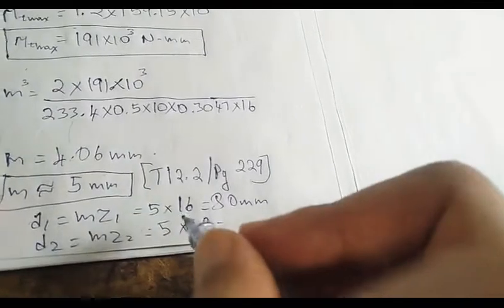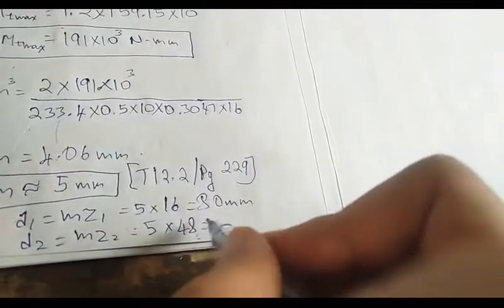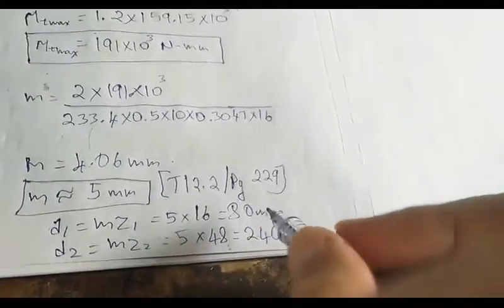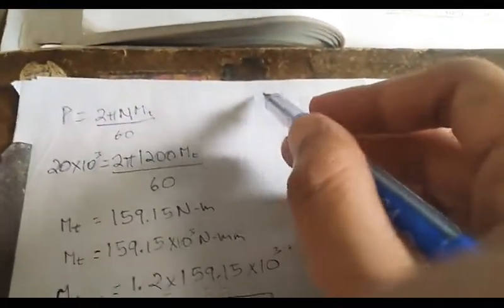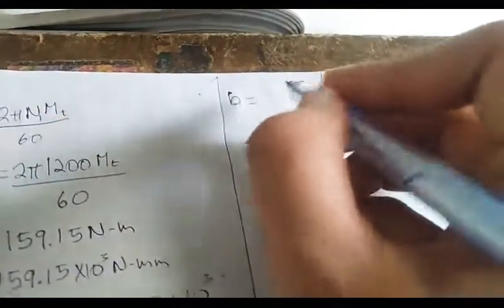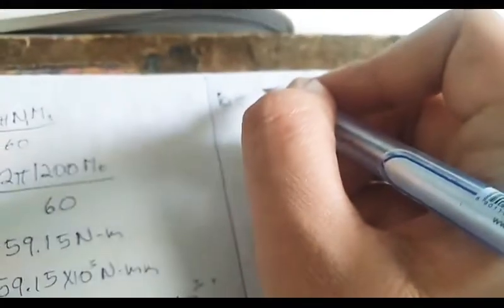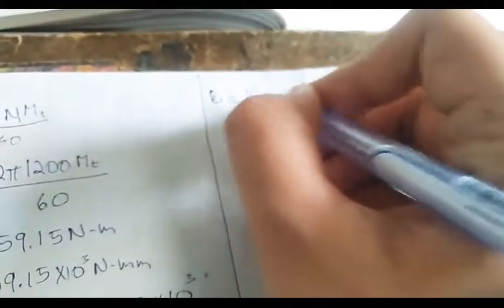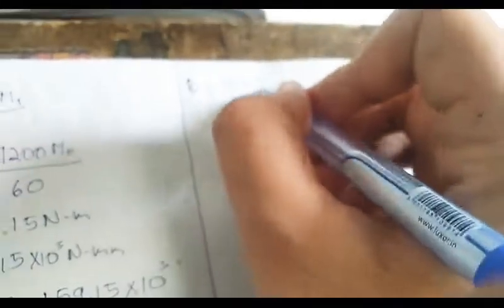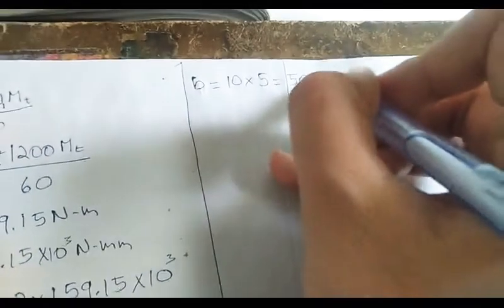So the value of D2 is 240 mm. Now we shall find the value of face width. B is equal to 10 into m. The value of m is 5. So B is equal to 50 mm.